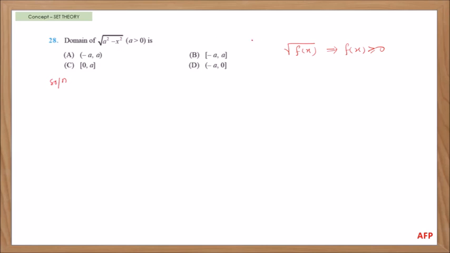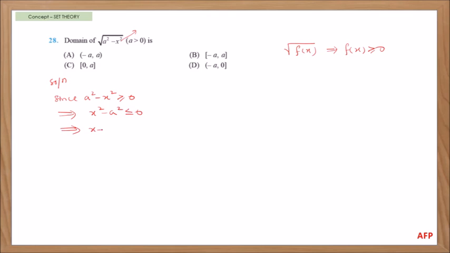I said, all the x values for which this square root exists, since a square minus x square is greater than or equal to 0. So if you interchange to x square minus a square, the inequality changes. When you multiply or divide by a minus sign, the sign of the inequality changes.